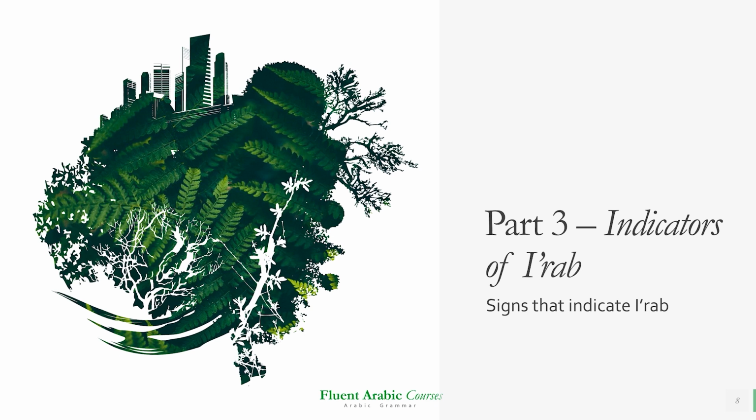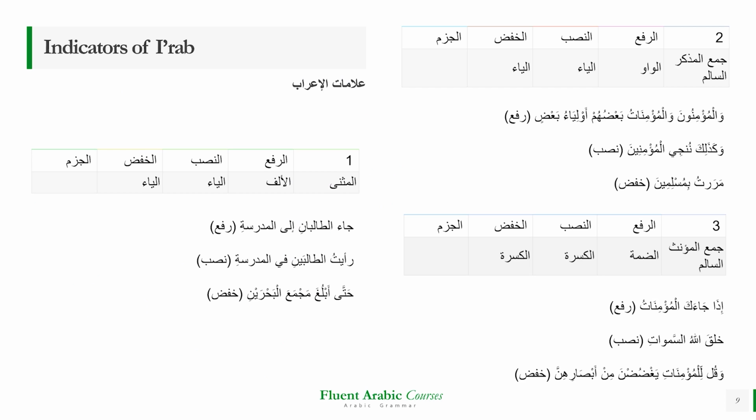Alamatul i'rab, or the indicators of the i'rab. These are the signs which show us the state of i'rab of a word. Now Ibn Ajrum, he uses a slightly complicated methodology to explain the alamat.